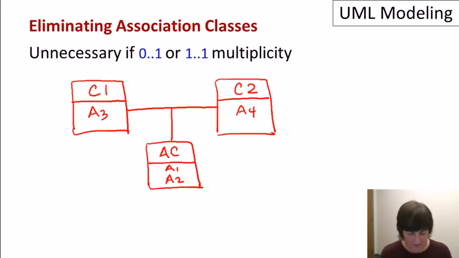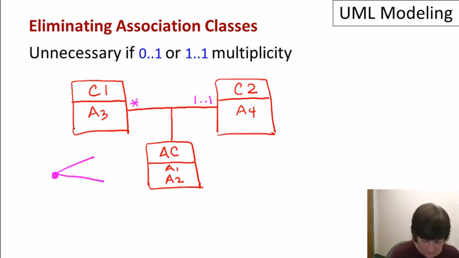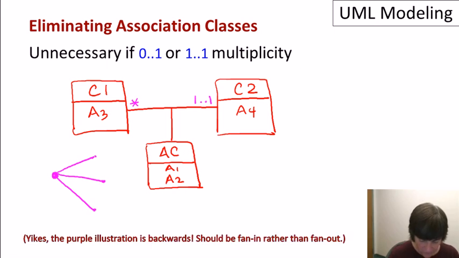Let's suppose that the multiplicity on, let's say, the left side is star, so anything goes, and on the right side we have 1..1. So what that multiplicity says is that each object of C1 is related to at most one object of C2. So, or actually exactly one object in this case. So we know that there's going to be just one association for each object of C1.